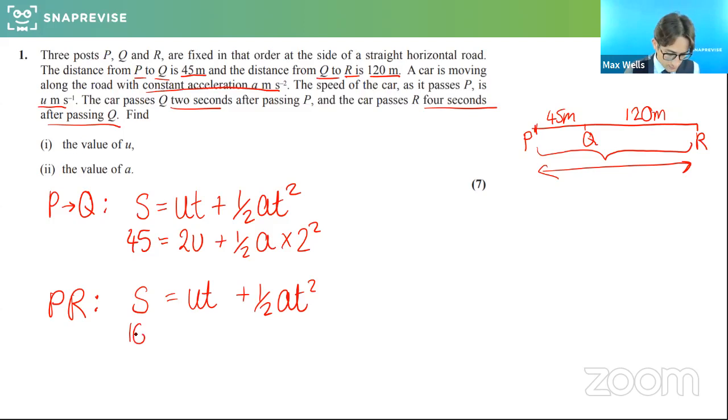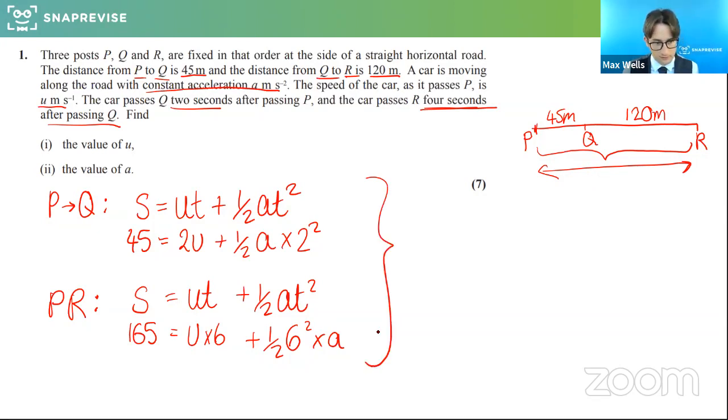So here, S is 165, and it's easy to get that wrong because we're going from P to R. And U is what we're looking for, but T would actually be 6 seconds because it's 4 seconds after it reaches Q, so you've got to add the 2 times up. So U times 6 plus a half times A times 6 squared. And so your two equations, as previously mentioned, are 45 equals 2U plus 2A.